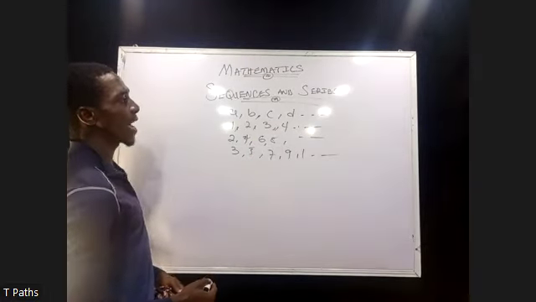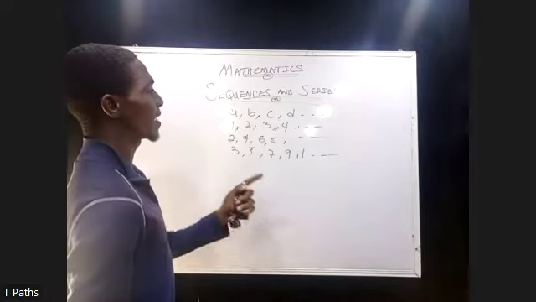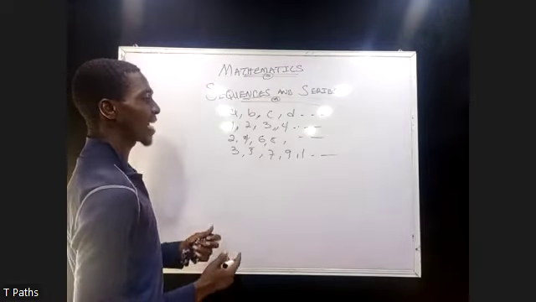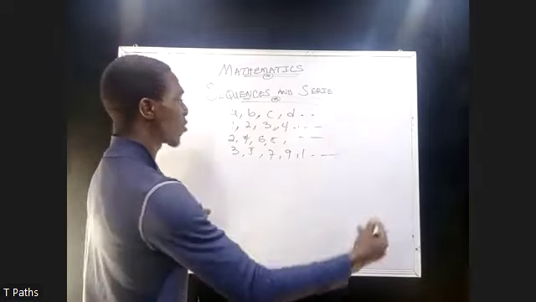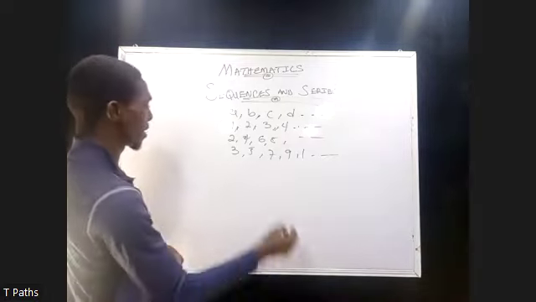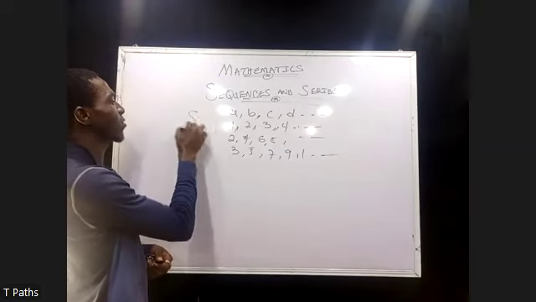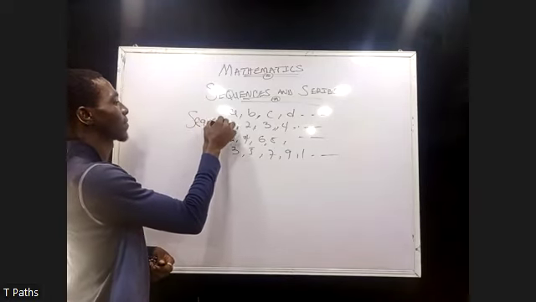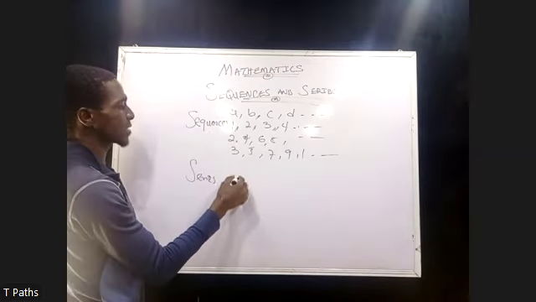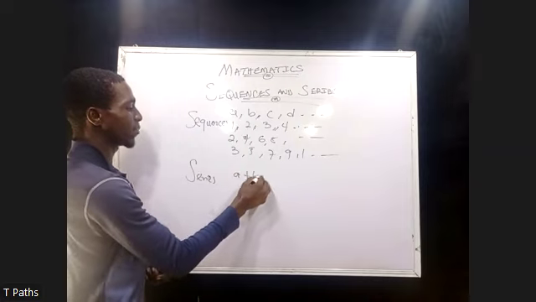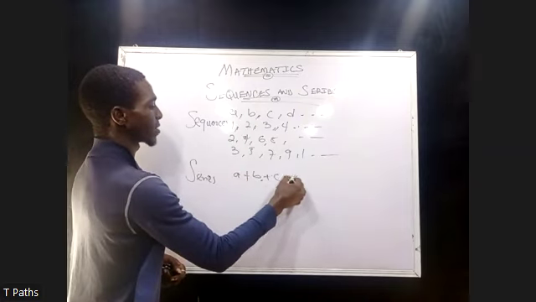Now, how do we identify a series? We define a series as a sequence that is being added up, an array of numbers that are being added up. So we can call it the summation of a sequence. For example, we call this one a sequence, and we call this one a series. Examples of series come from a sequence. I can have A plus B plus C plus D, and so on.